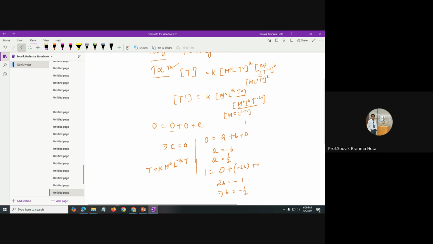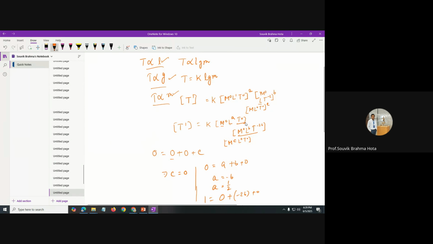Sorry, actually I have assigned A, B, C for all these things now. For length I have assigned A, for the G I have assigned B, and for the mass I have assigned C. So I have not assigned individually, because L is this, G is this, and mass is this.